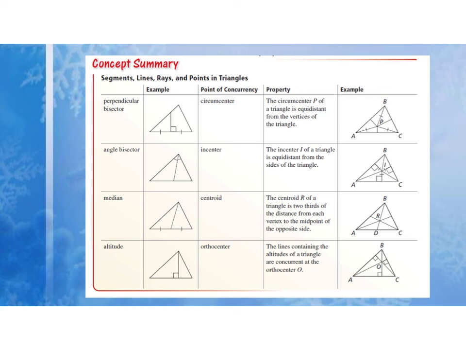And lastly, today we talked about the altitude, and the point of concurrency is called the orthocenter. So be able to find these points of concurrency. And again, you can find them by graphing them. But if you don't know how to draw in a perpendicular bisector or an angle bisector or a median, then that's where it's going to get to be a bit challenging.